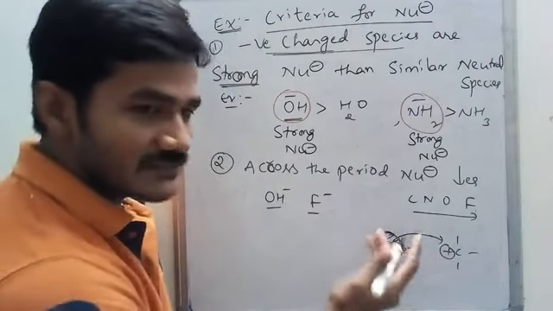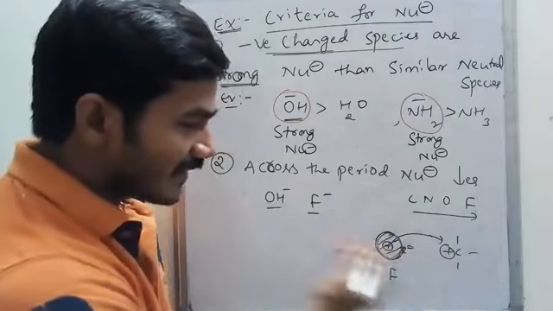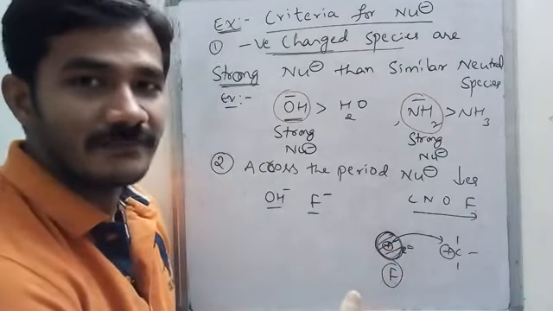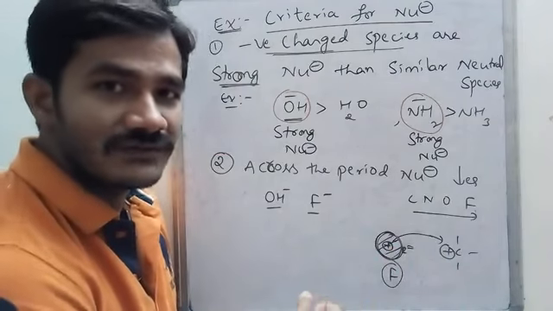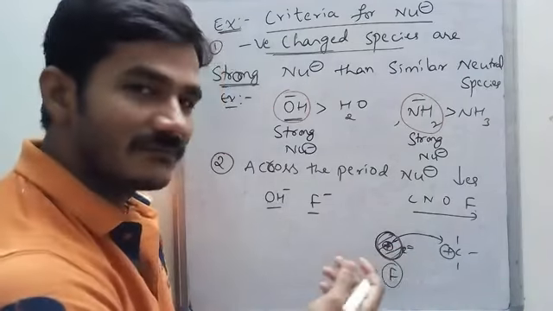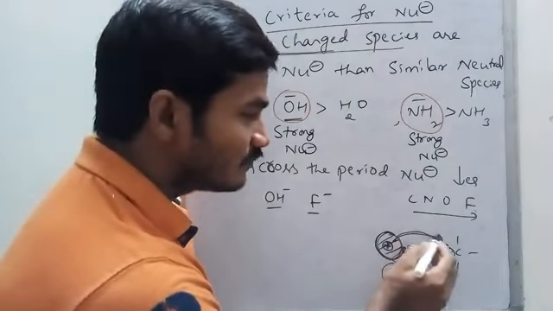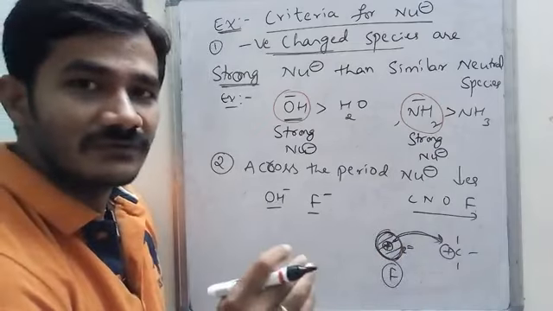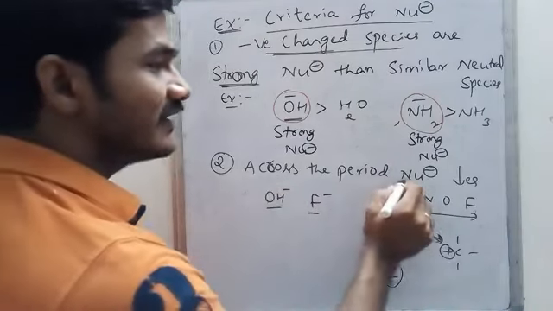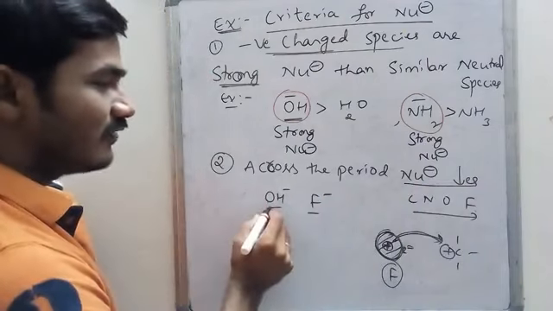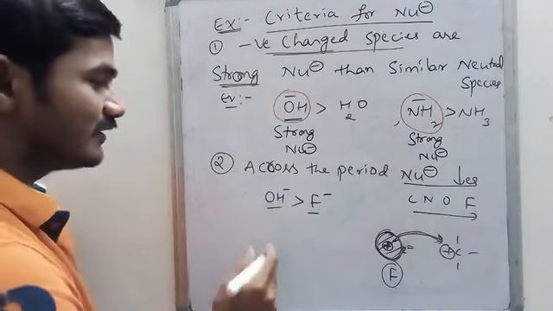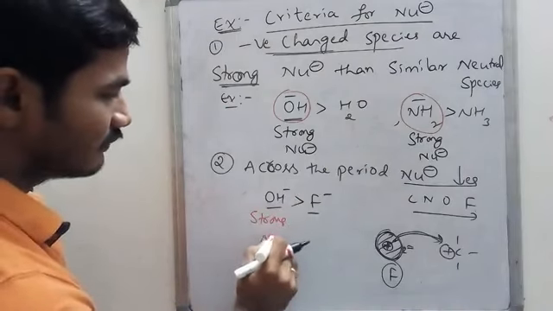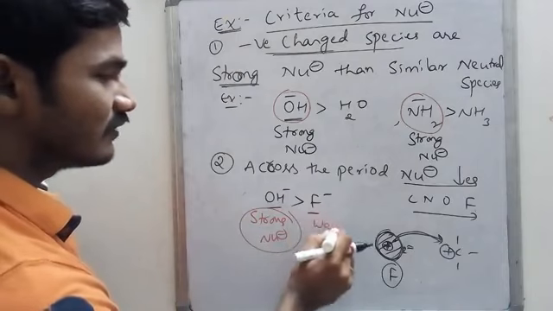Smaller atoms have more attraction toward the nucleus, so they hold the non-bonded electrons more tightly and cannot easily form a new bond with carbon. So smaller atoms are weak nucleophiles. That's why across the period nucleophilicity decreases. OH minus is a strong nucleophile and F minus is a weak nucleophile.